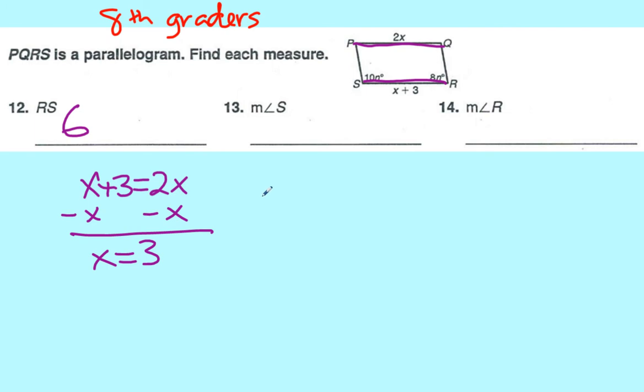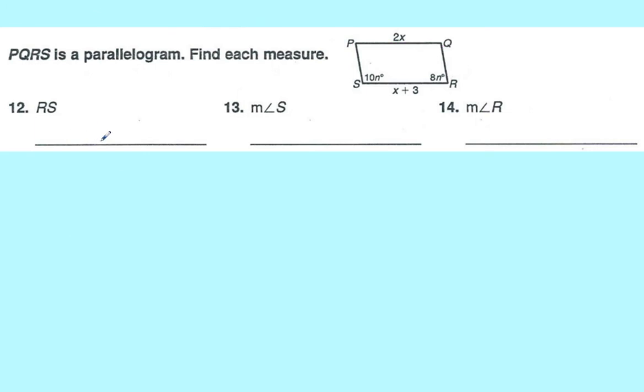Alright. Measure of angle S. I don't remember what the answer was. 6. Measure of angle S. So this angle plus this angle has to be supplementary. So 10n plus 8n equals 180. Combine our like terms. 18n.